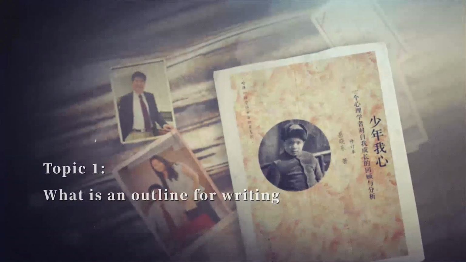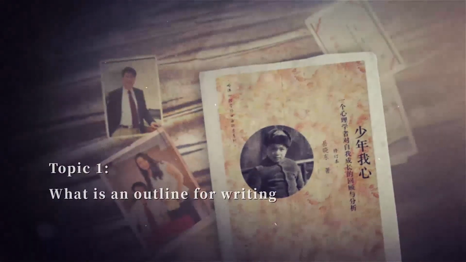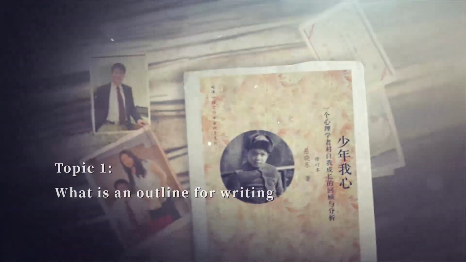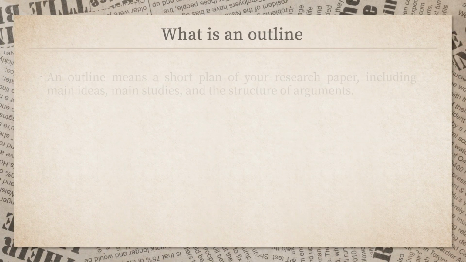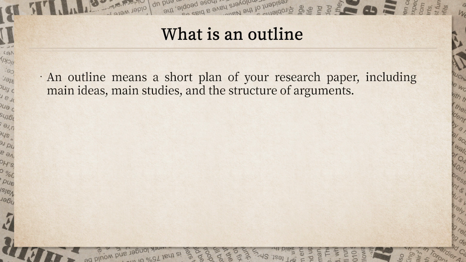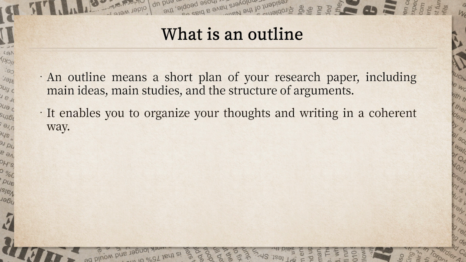First of all, what is an outline for writing? Well, an outline means a short plan of your research paper, including the main ideas, the main studies, main theories, and the structure of arguments. And it enables you to organize your thoughts and writing in a coherent way.